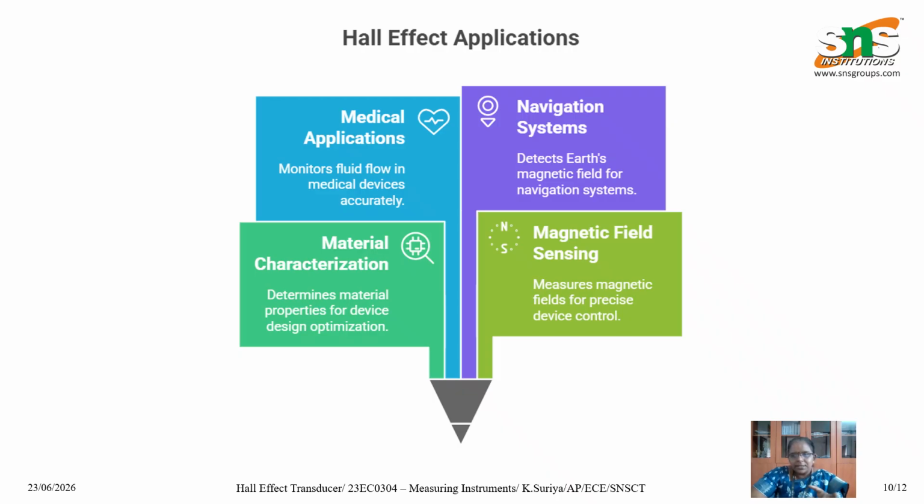Finally, in the test stage, the developed prototype is evaluated for accuracy, sensitivity, response time, and reliability under different operating conditions. Based on the test results, necessary improvements can be made to optimize the performance of the sensor system.